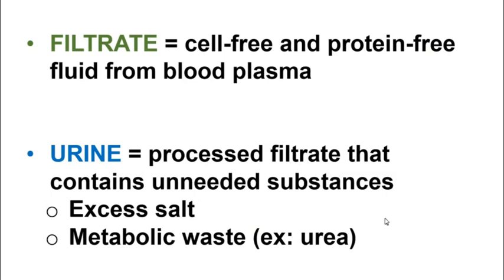So those are the major differences between filtrate and urine. Urine is really just heavily processed filtrate that's going to be leaving the body. We'll see this processing occurring later in the renal tubule. We'll discuss the physiology of the kidney in a later lecture, and we'll look at how urine is produced.